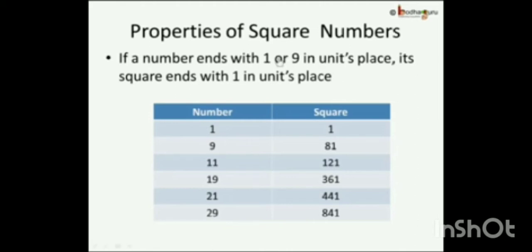If a number ends with 1 or 9 in the units place, then its square always ends with 1. Here you can see 11 into 11 is 121, 19 into 19 is 361. So the squares are all ending with 1.